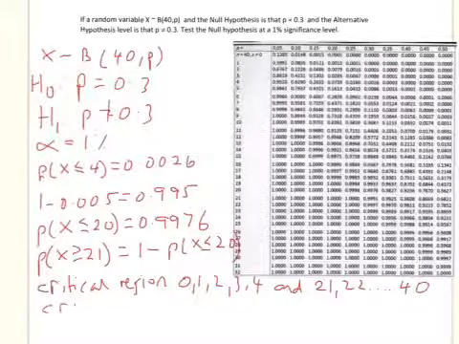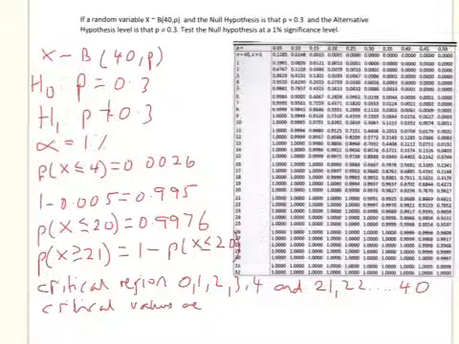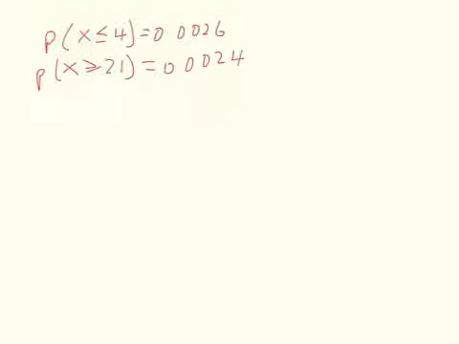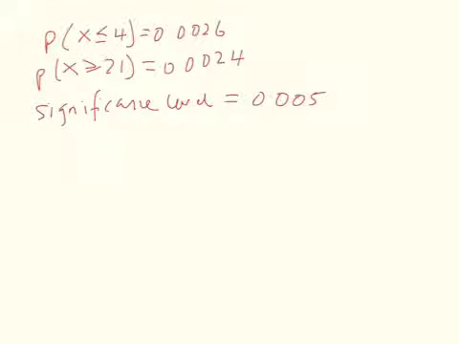So the critical values are 4 and 21. So if we're asked for the significance level, then we need to add those two numbers together, which works out to be exactly 0.005.